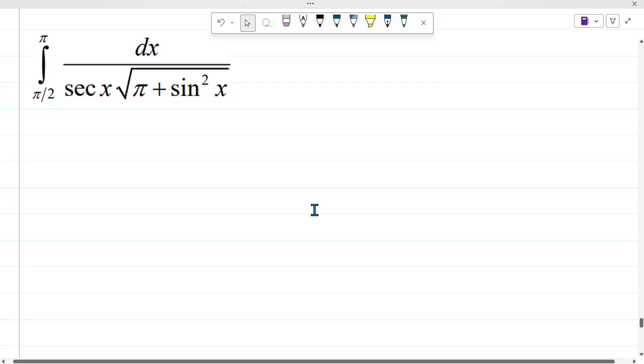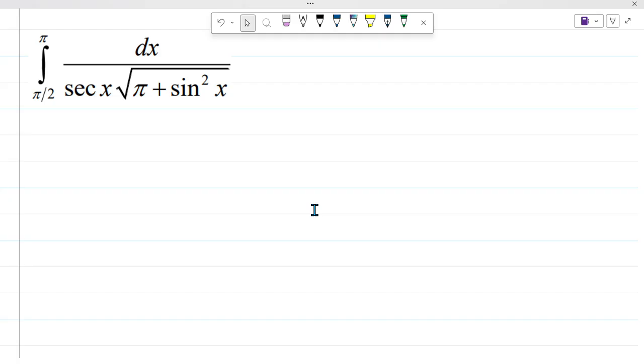Okay, we've got the integral of dx divided by sec of x multiplied by the square root of pi plus sine squared of x, and then the upper limit being pi, lower limit being pi over 2.